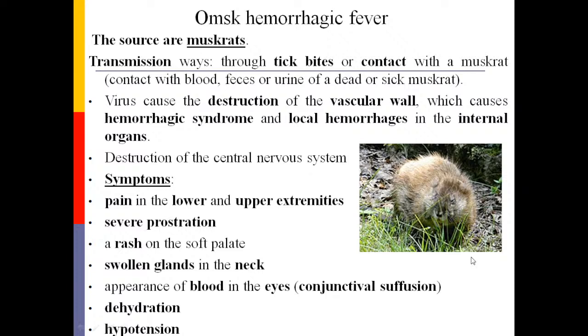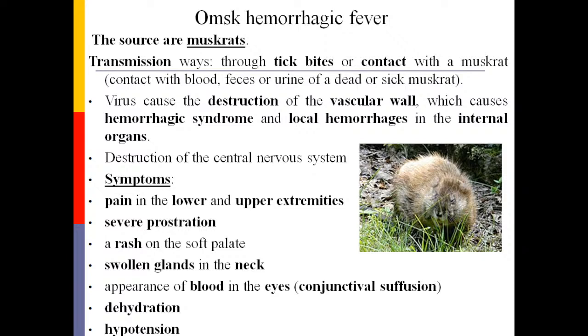Another disease that is caused by flaviviruses is Omsk hemorrhagic fever. Omsk, once more, is a city in Russia, in Siberia, where it was discovered firstly. The source of Omsk hemorrhagic fever are muskrats. These are animals that live along the rivers.